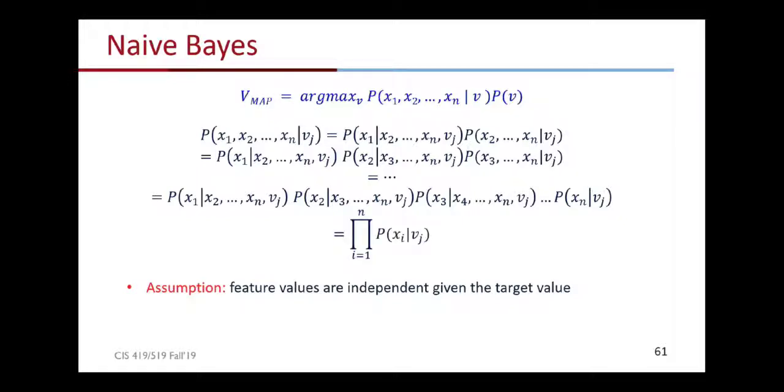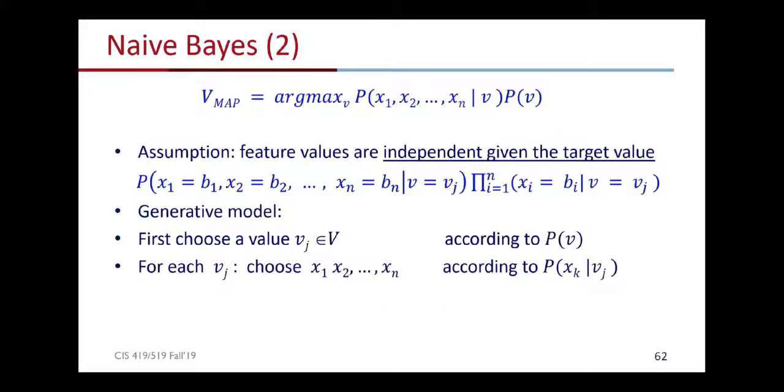And the same thing for each one here. P of x2 given the other xi's and v is just P of x2 given v, and so on. So I can write this as the product of P of xi given v. Now, this last step is a strong assumption. It's an assumption that the xi's are independent given that you know the label. And this is the naive Bayes assumption that we're going to take with us.